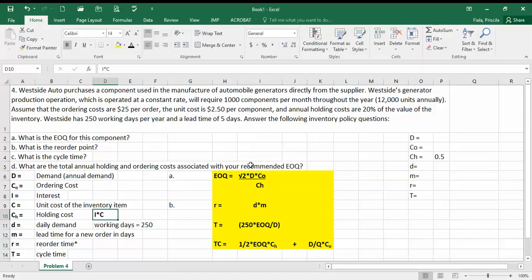So the formula for that is going to be the square root, and that's in your book, of the numerator 2 times the annual demand right here times the ordering cost, divided by your holding cost, which is your interest times unit cost.